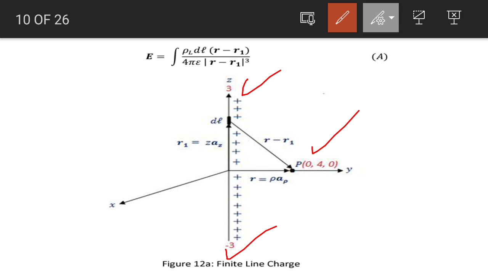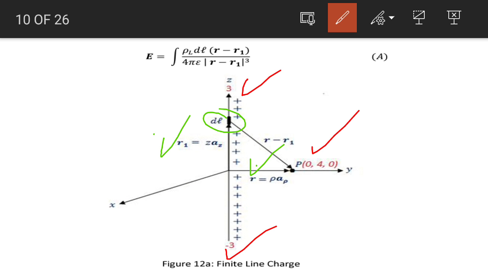We consider a very small portion of the line which is represented by dl, and you see the position vector of the small portion of the line is r1, which in the cylindrical coordinate system is equal to z a z, and the position vector of the point under observation is r, which is rho a rho.